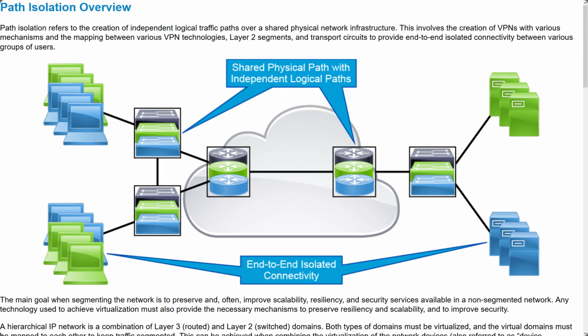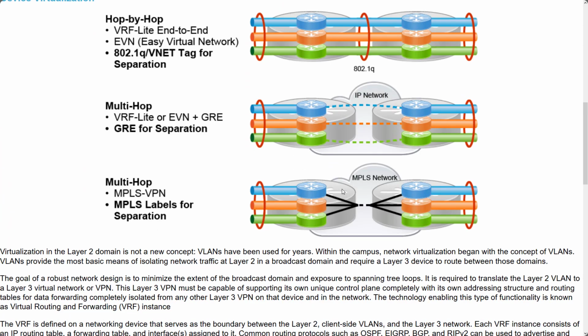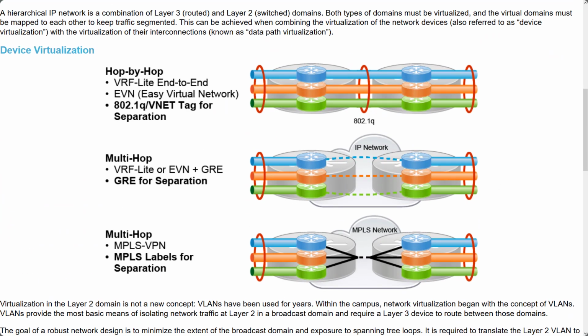All right, so the technology that we use to create these virtualized environments really needs to include those elements. In other words, we have to have technology that's going to preserve the resiliency and the scalability, and always, always, always keeps in mind security. That is a huge component of this discussion.